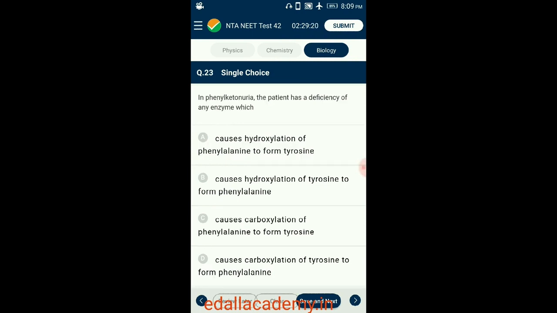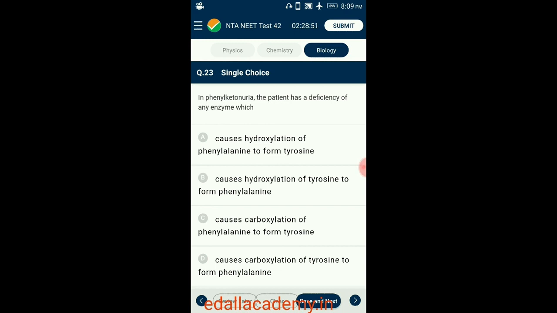In phenylketonuria, the patient has a deficiency of the enzyme which. Phenylketonuria is an autosomal recessive disorder. In this disease, the patient cannot produce the enzyme phenylalanine hydroxylase, which helps in the conversion of phenylalanine to tyrosine. Thus, there is accumulation of phenylalanine and its derivatives in the body.